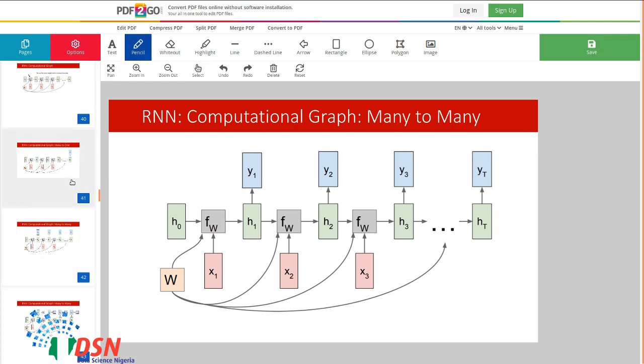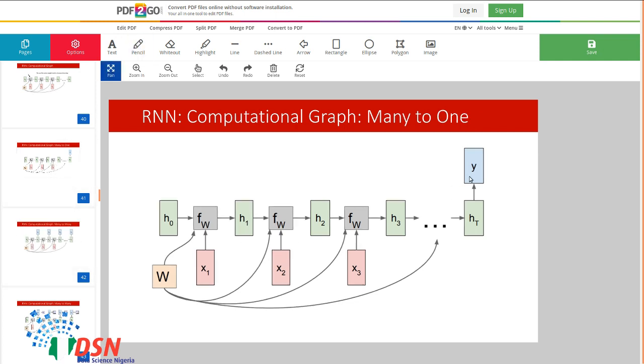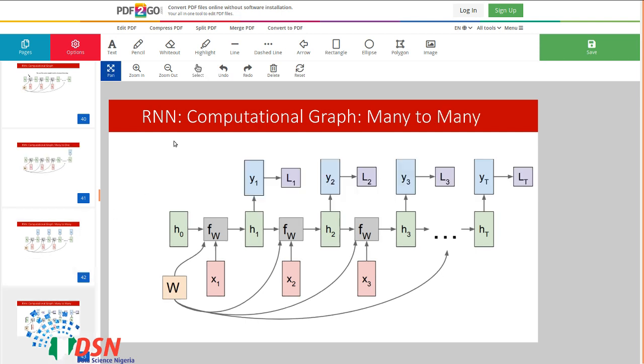And this is in the many to one task, where we want an output at the T-th step, so we just have an output here. But in many to many, we have an output in the first time step, in the second time step, and so on.